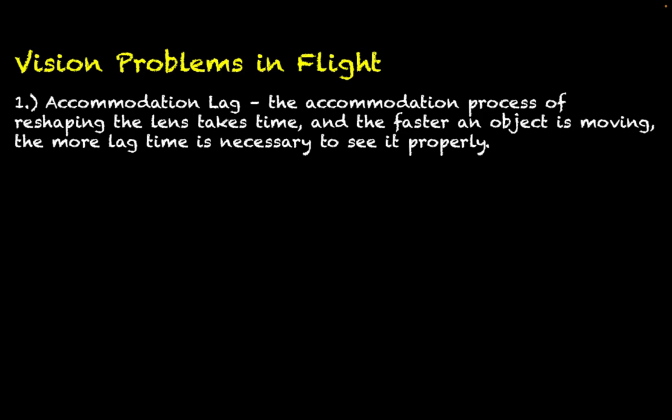It takes your eyes a couple of seconds to adjust to a new object in your field of view or an object that's moving faster. So it will take your eyes time to adjust to the object to see it properly. And if you're dealing with a very fast moving object, that lag time is greater. And if you're talking about avoiding a mid-air collision, maybe that lag time, a couple of seconds, maybe it makes all the difference in the world.